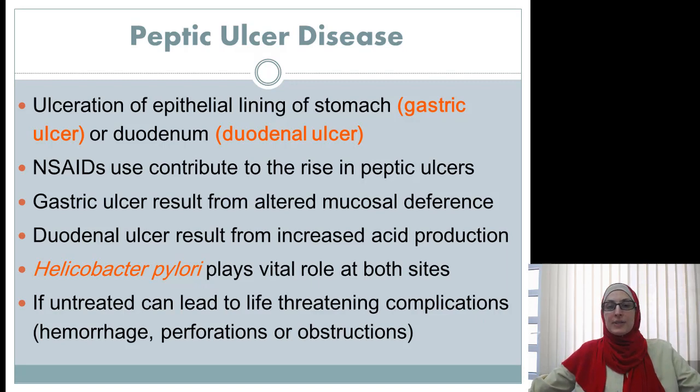And also it has been shown that Helicobacter pylori, which is a strain of bacteria, is far more commonly found in patients with a peptic ulcer, whether gastric or duodenal ulcer.